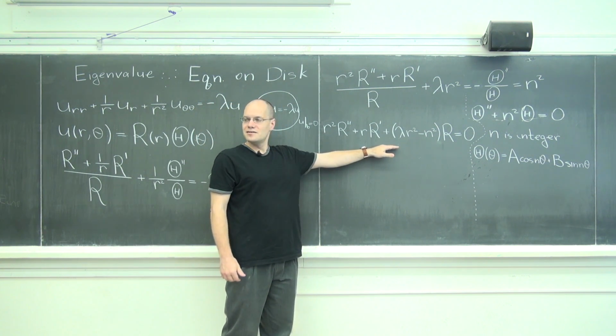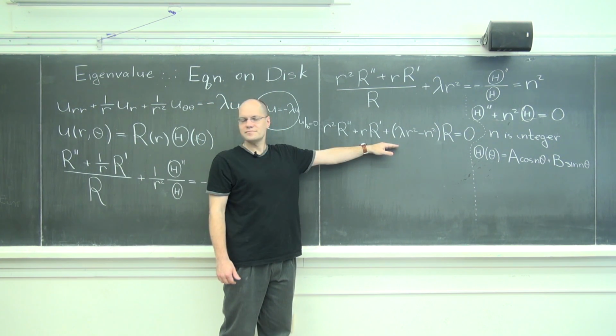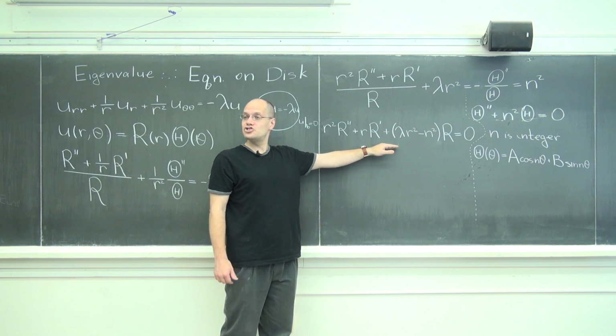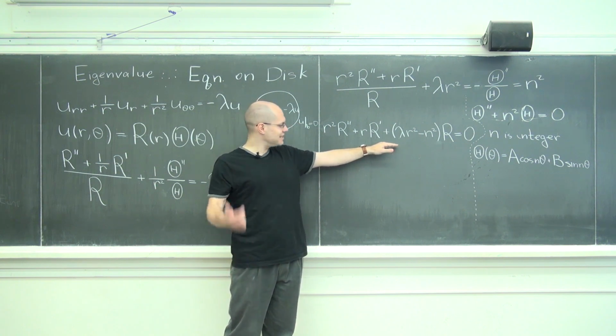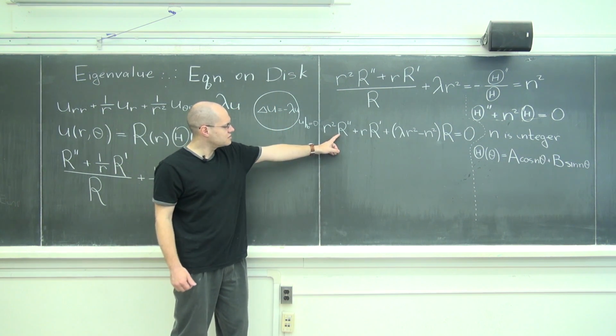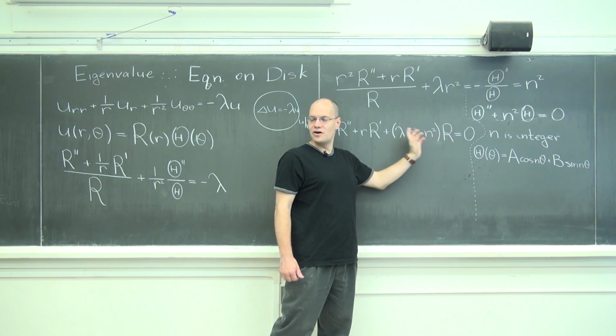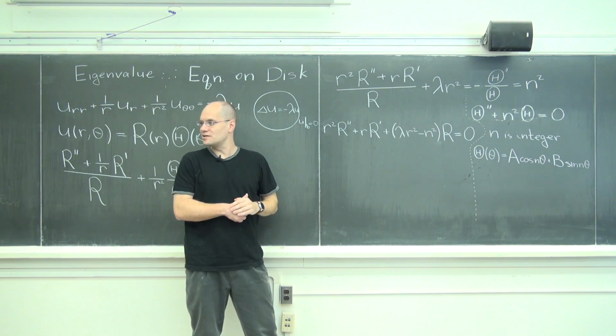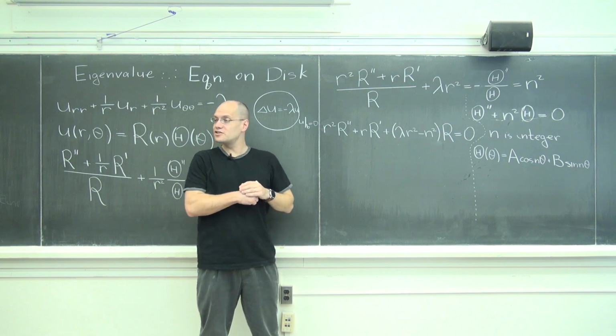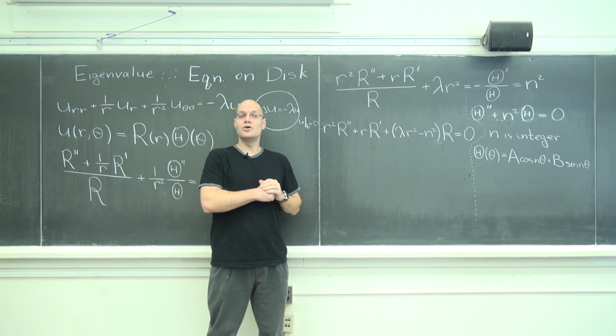Is it linear? Yes. This is just about the right amount of time that it should take you. It's an eyeball question. You eyeball it and it's like, yes, it's linear. Here is the second derivative, the first derivative, the zeroth derivative, all enter into the equation linearly. Does it have constant coefficients? No, it does not.